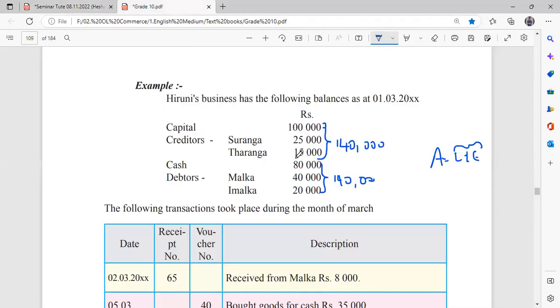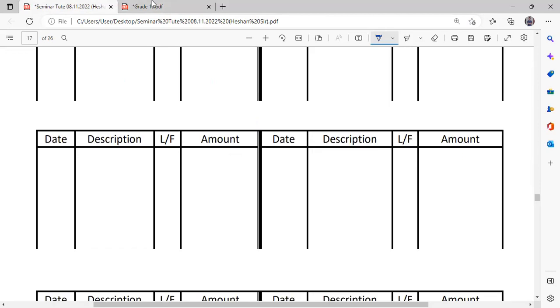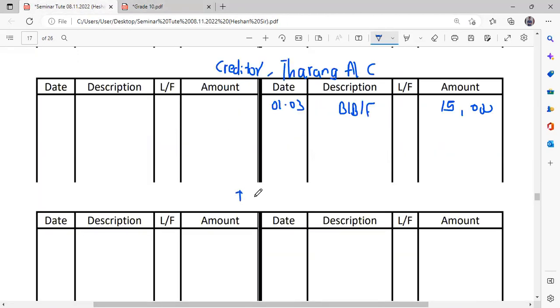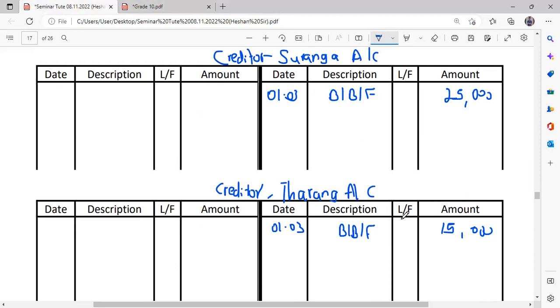And we also need to open two new accounts for debtor Malka and debtor Imalka, right? Now, since these are liability accounts, the balance brought forward is on the credit side.